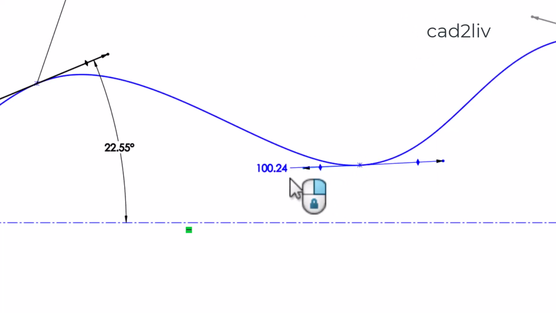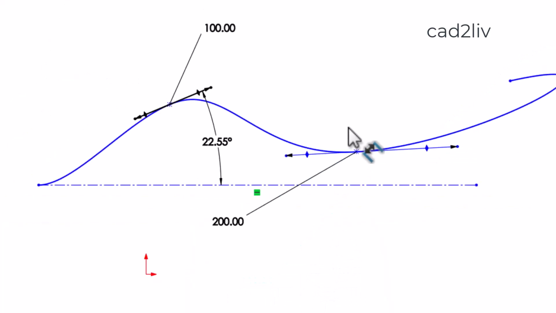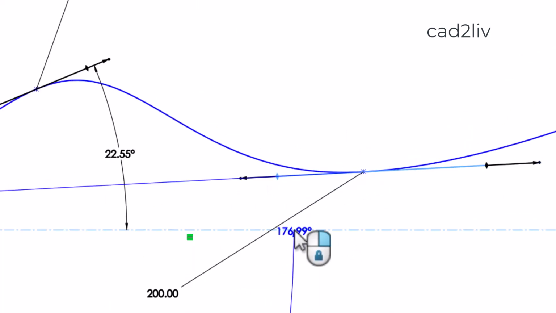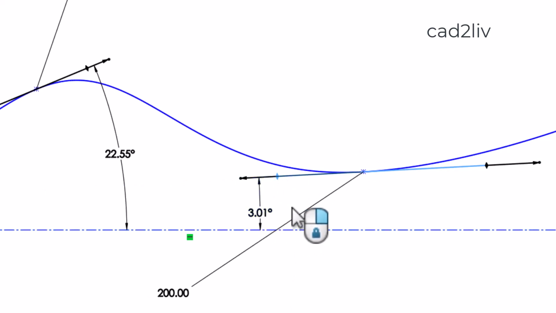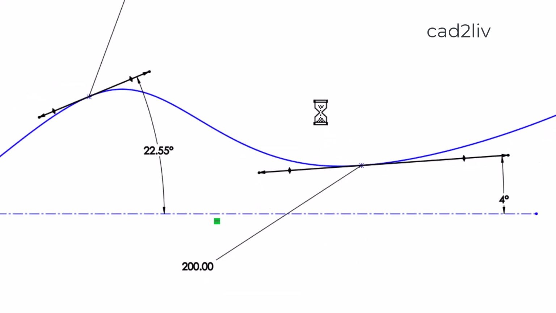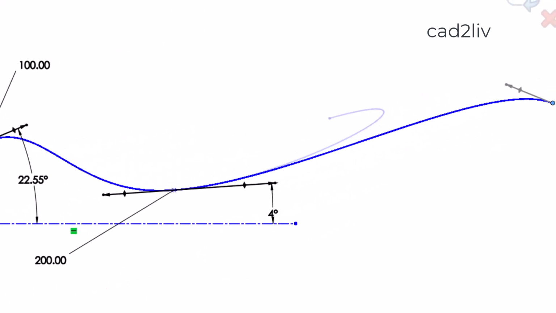We have to just click here one time and just leave it here, and I'm going to give the straightness here as 200. Okay, now the next part is regarding the angle. So the angle is going to be like this. This is going to be 4. I'm going to just rearrange this.